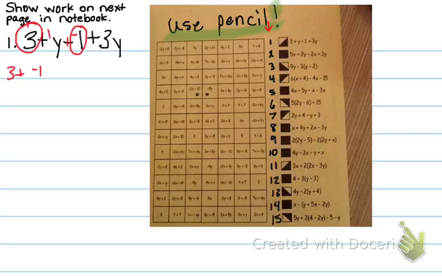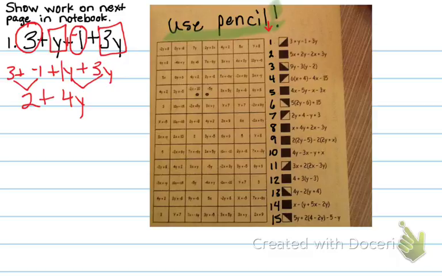And then I'm going to draw a box around my y's. I have 1y here, 3y here, plus 1y plus 3y. So now I've written my like terms together in order. So 3 plus negative 1 is 2. Y plus 3y, or remember that's the same thing as 1y, plus 3y is 4y.